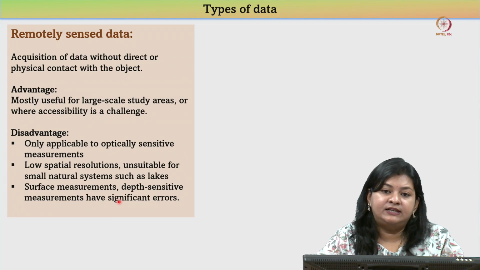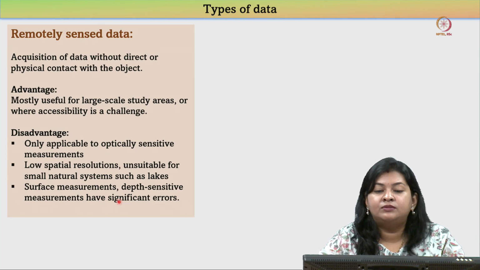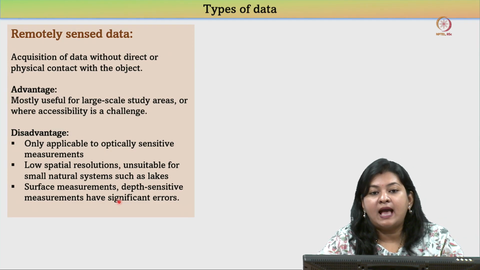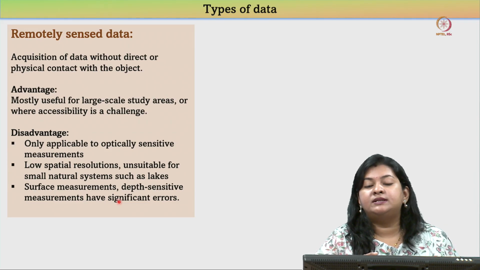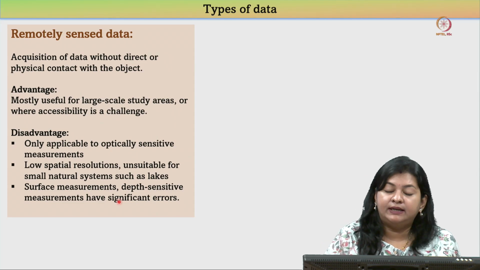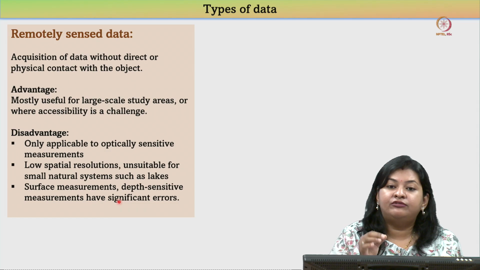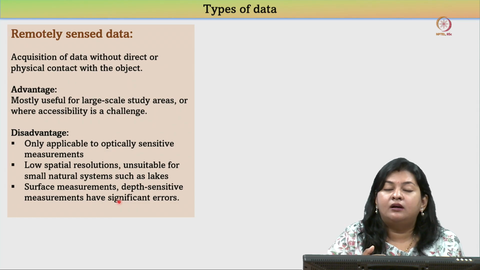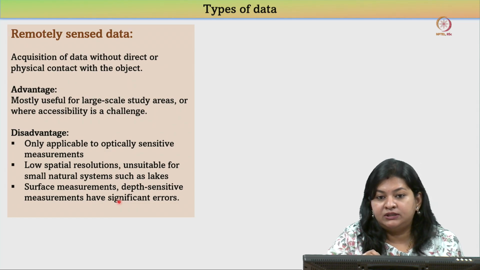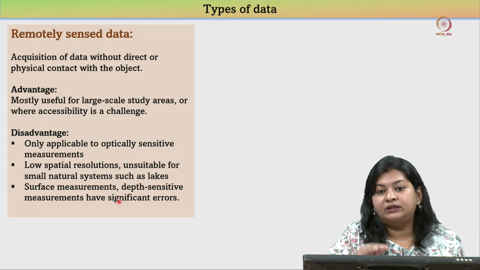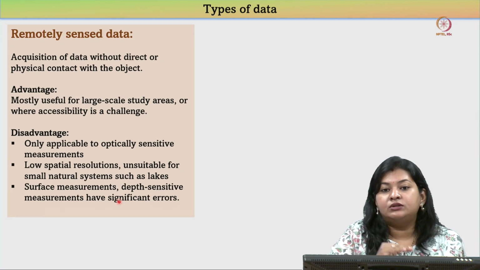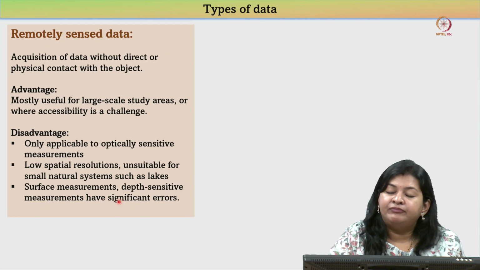Now, what is the disadvantage? The disadvantage is that it can actually quantify only those particular parameters that have an optical sensitivity, right. So, mostly remote sensing data will give us a lot of weather data, temperature sensitivity. Sensors that have been developed to detect changes without being in physical contact, only those kinds of changes can be detected.